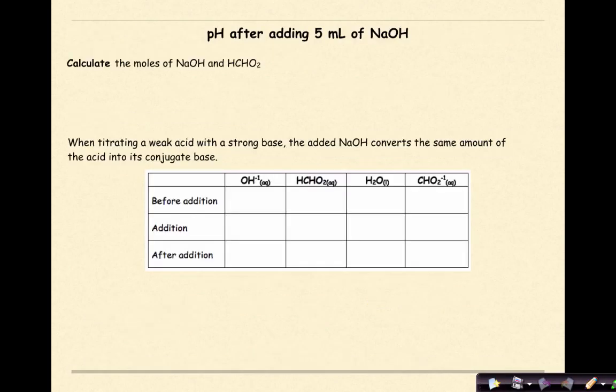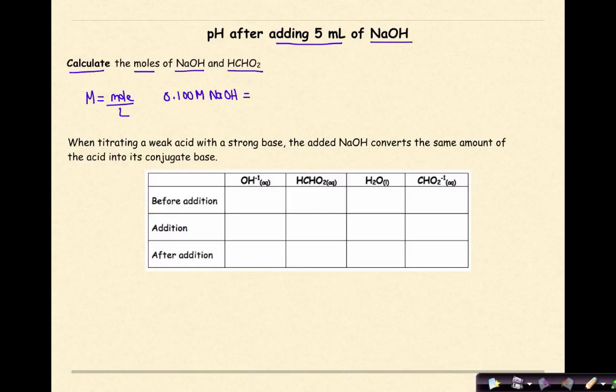just said. Now let's look at the pH after adding 5 milliliters of our strong base. So the first thing that we need to do is calculate the moles of the sodium hydroxide and the HCHO2. So to do this, I'm going to use the molarity formula. So molarity is equal to moles over liters. For the sodium hydroxide, I have 0.100 molar of NaOH.